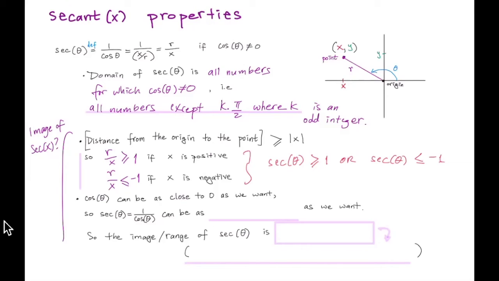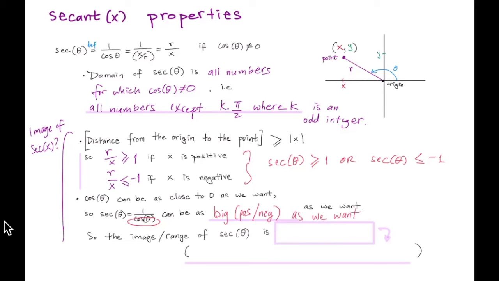Now also notice that cosine can be as close to 0 as we want just from looking at the graph of cosine. So that means that secant, which is 1 over cosine, is 1 over a value that we can make as close to 0 as we want, so we can make it as big, either positive or negative, as we want.